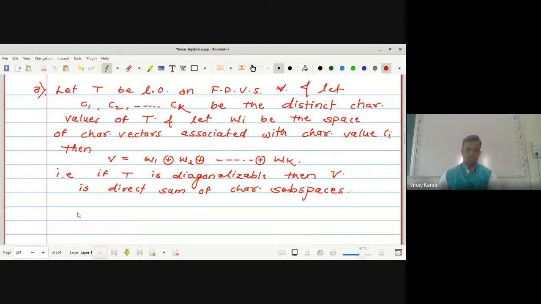What is W1? W1 is nothing but the set of alpha belonging to capital V such that T of alpha is equal to C1 of alpha. What is W2?